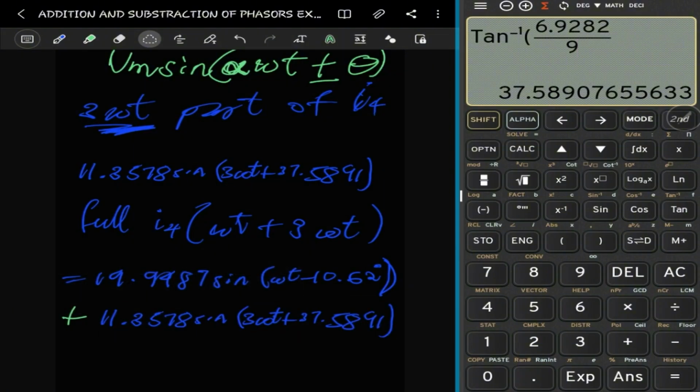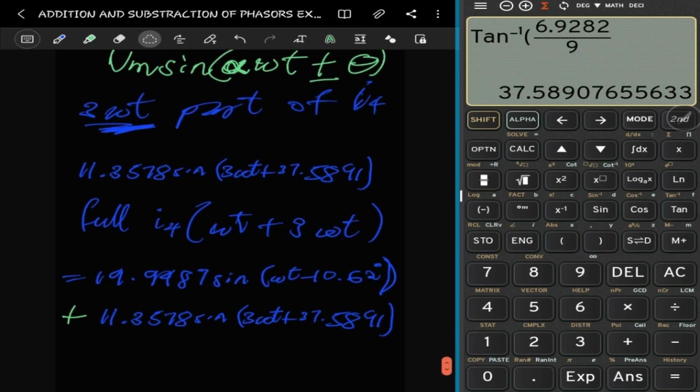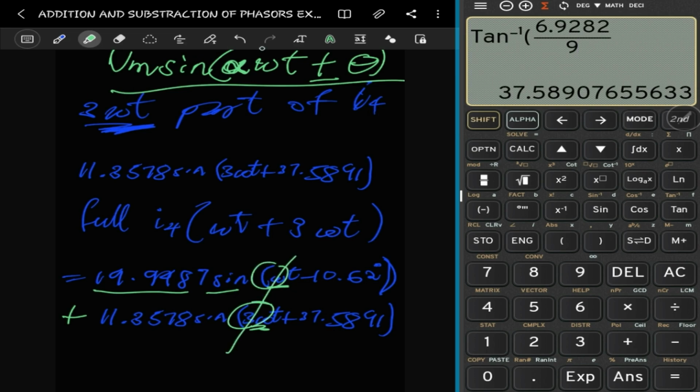Yeah, so we can clearly see that they are still all following the same format as this right here, right? So we have the peak, they are sine, so we have sine. This is a different frequency from this one. So this and this are different, right? And then we have the phase shift, right?